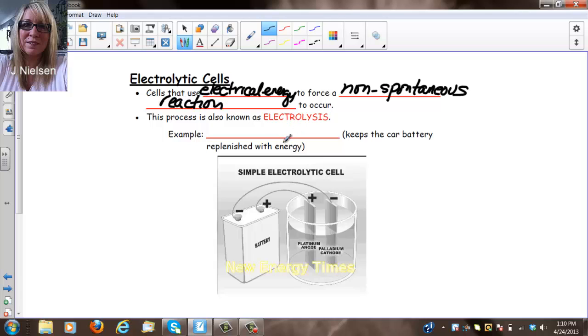This process is also known as electrolysis because we're running electricity through a system. An example of this is an alternator that's in a car, and it keeps the car battery replenished with energy.